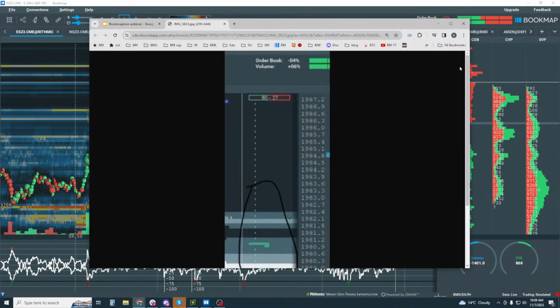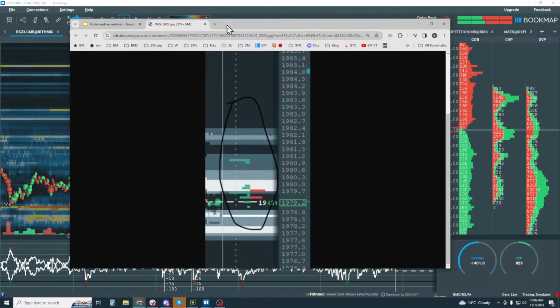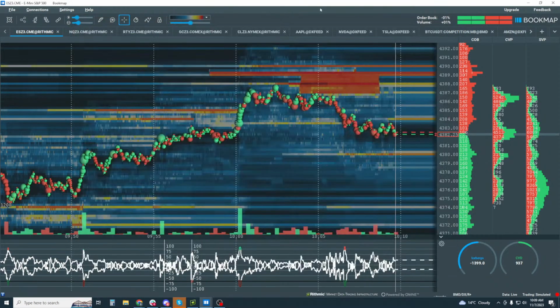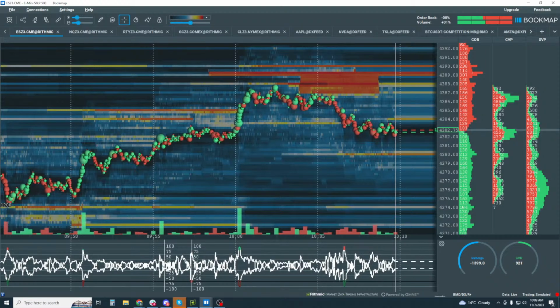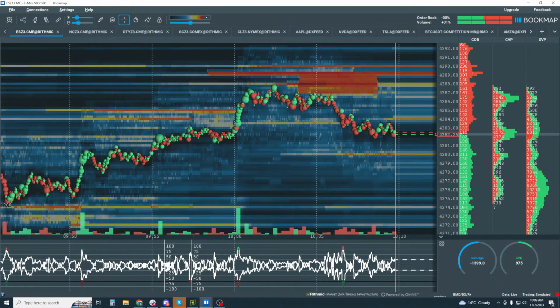What is this name on Bookmap? Oh, that's a third-party indicator. Okay, that's something we didn't create. So you can find that information. I'm not sure who it is, I forget, but you can take a look on our marketplace.